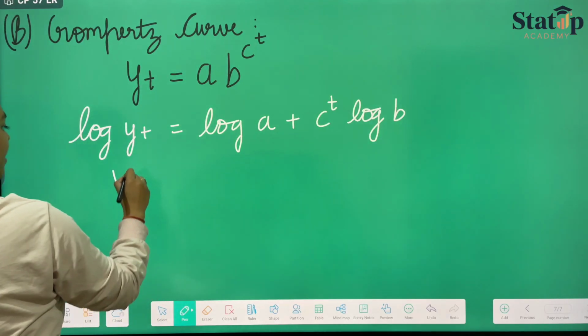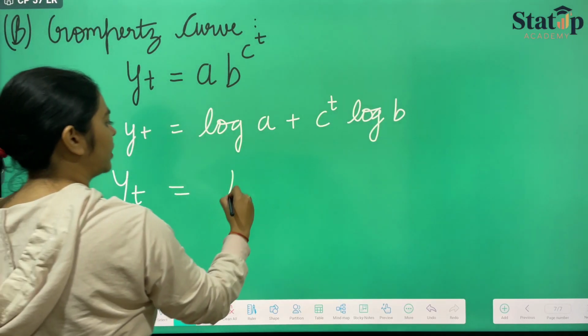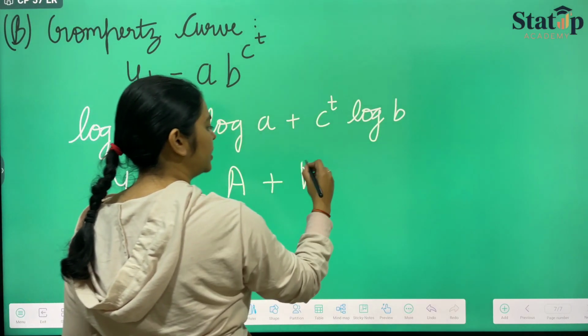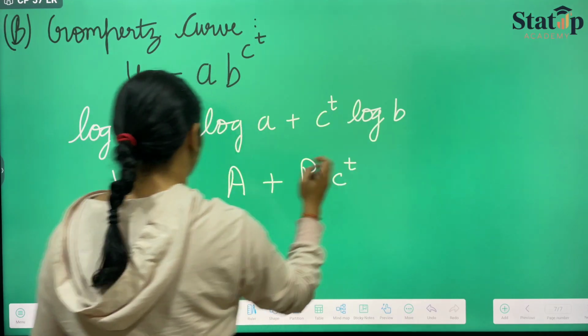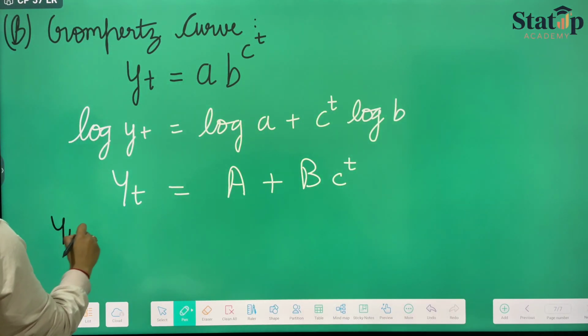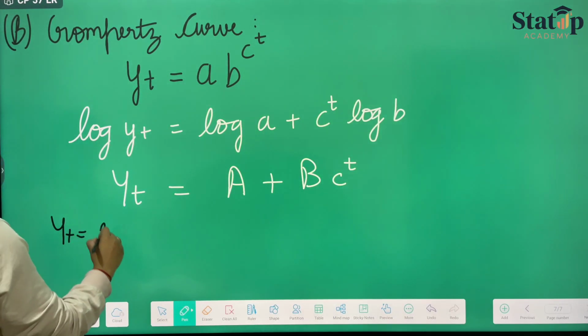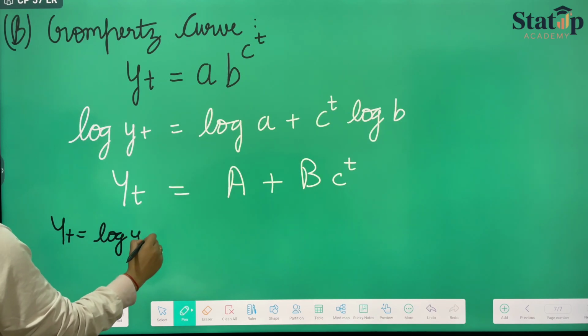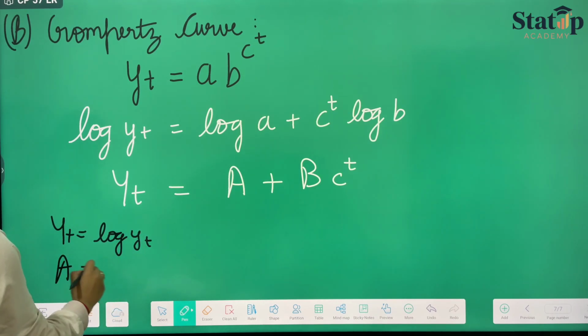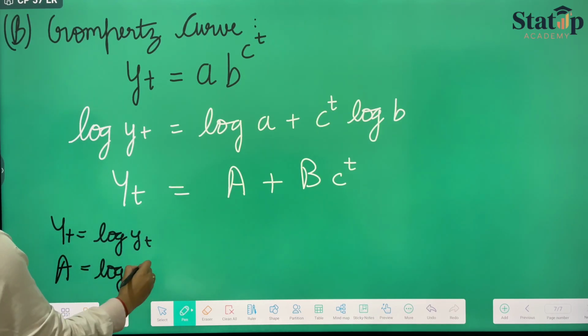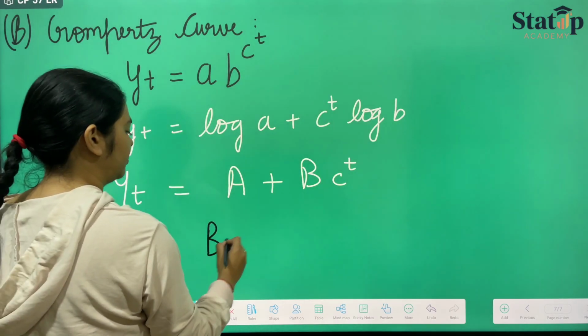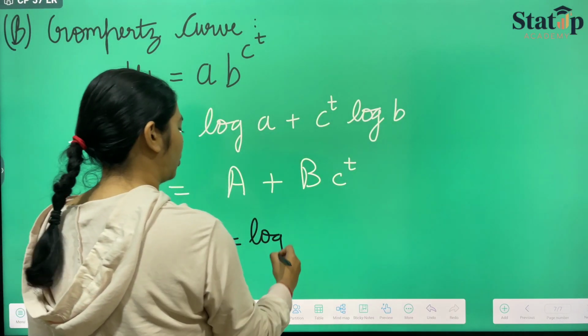So it will be capital Y_t equals capital A plus B c^t, where capital Y_t is equal to log of y_t, capital A is equal to log of a, and capital B is equal to log of small b.